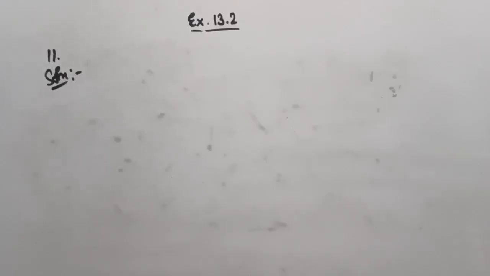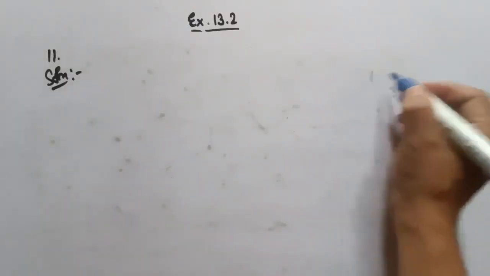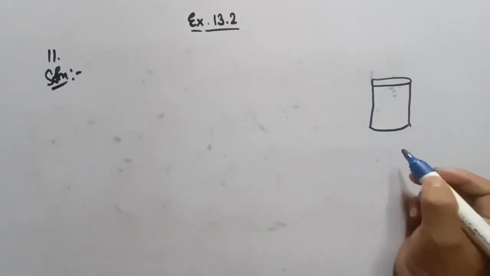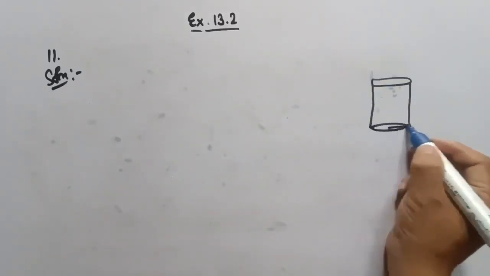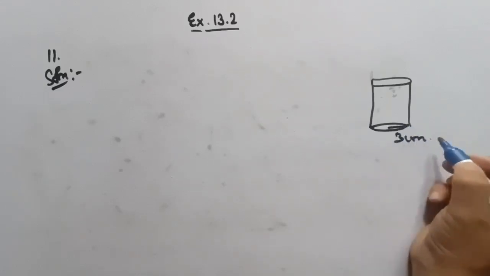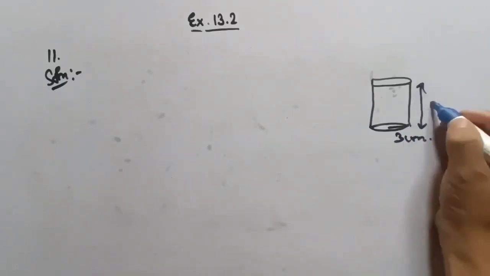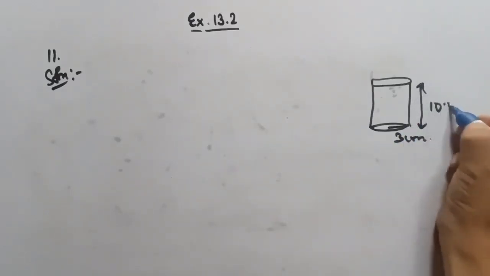In the question, it is mentioned that 35 competitors are participating in a competition of making pen holders. The pen holder is in the form of a right circular cylinder in which the radius of the base is 3 cm and the height of the cylinder is 10.5 cm.